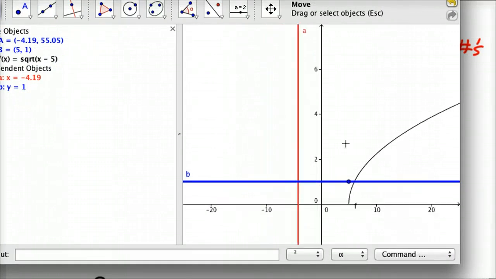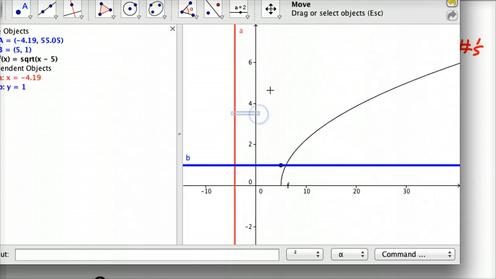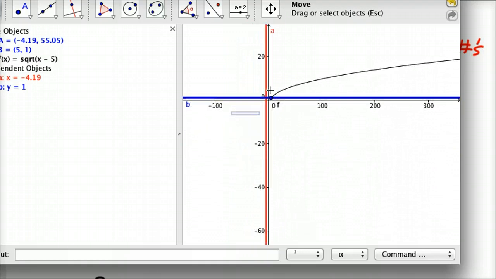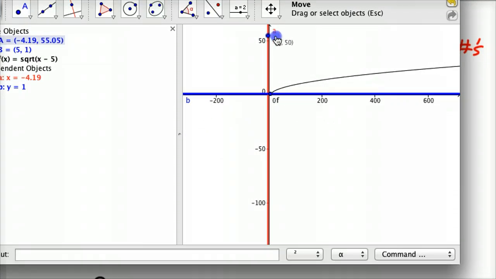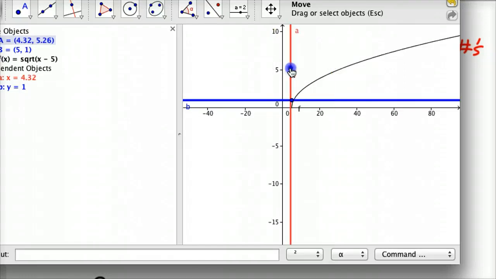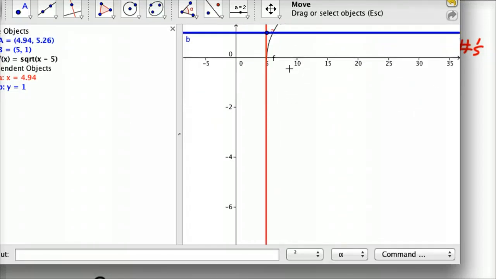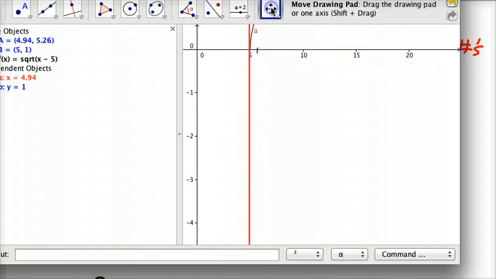Let me zoom out a little bit so you can see it. We'll move it around. Oops, notice in this case I lost my point. There's my point. Let me bring it down to where I can see it. Notice in this case, it starts at this point for domain. Where that is specifically, it looks like 5.